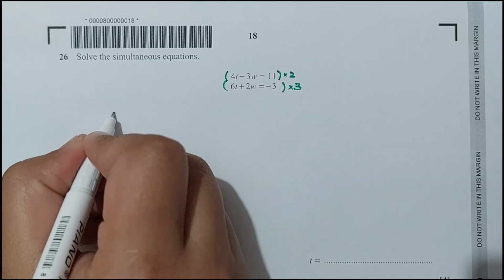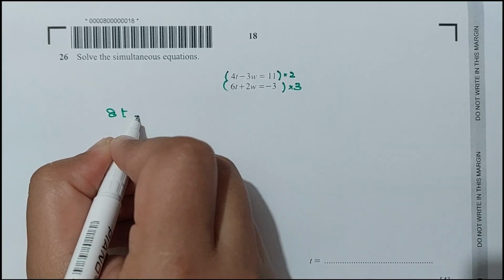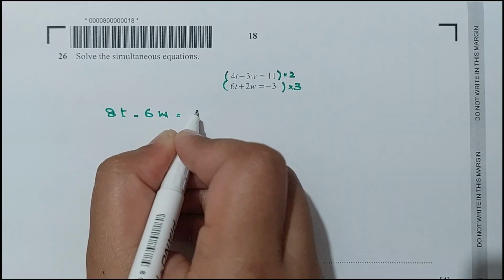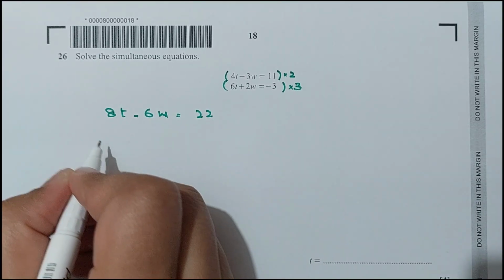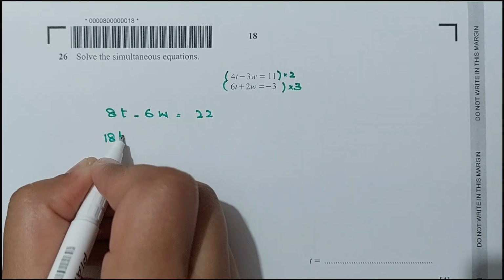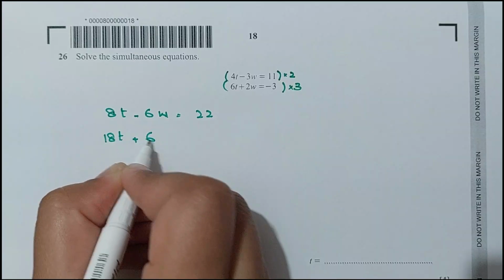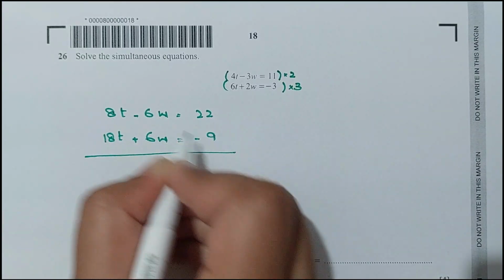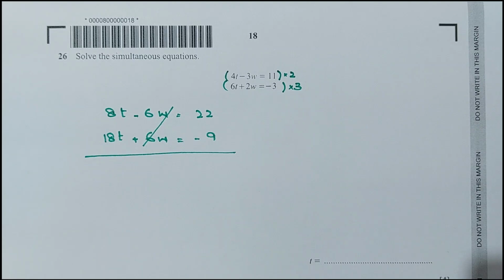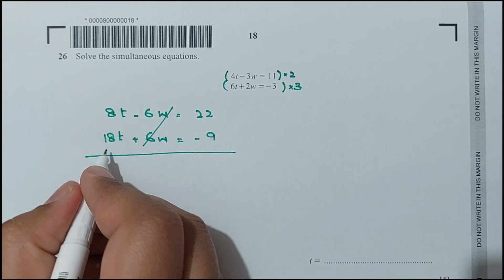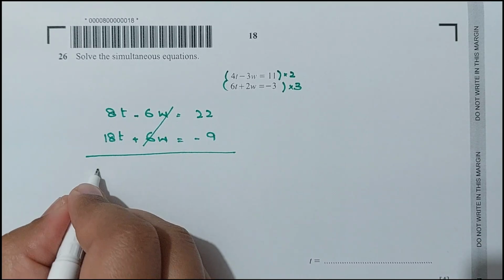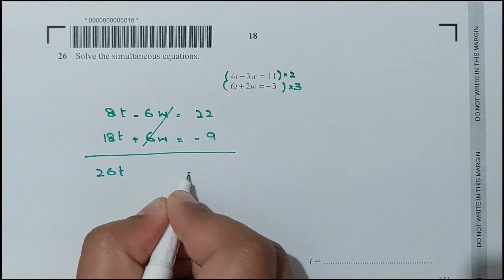2 times 4 is 8t minus 2 times 3 would be 6w. 2 times 11 is 22. 6 times 3 is 18t plus 2 times 3 is 6w, and 3 times 3 is minus 9. Now we can cancel this out. Now we have to add 18t and 8t, which is 26t.